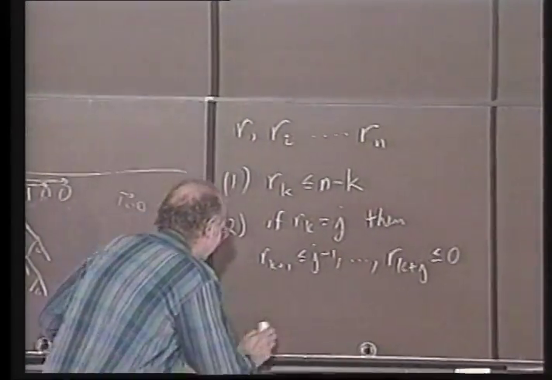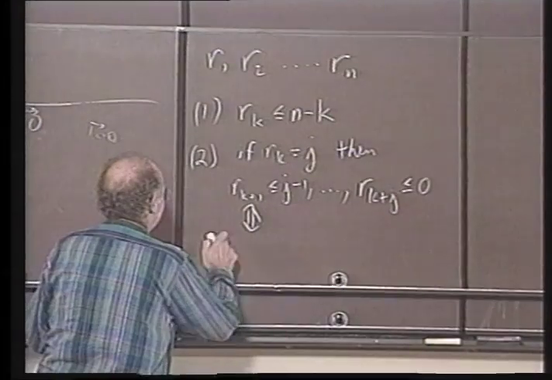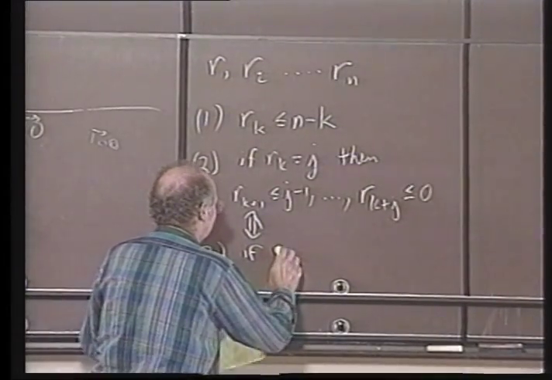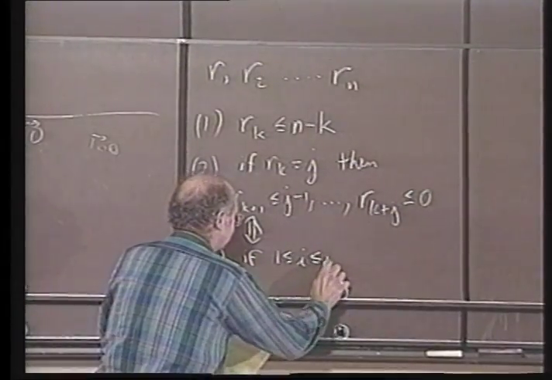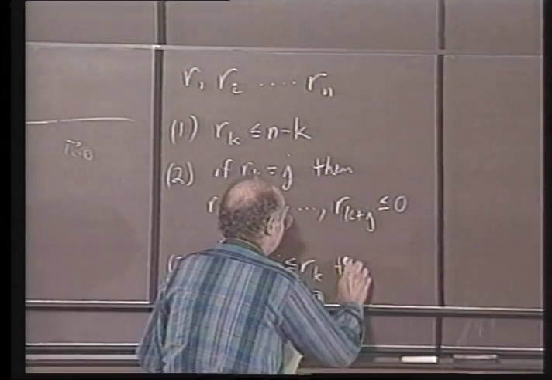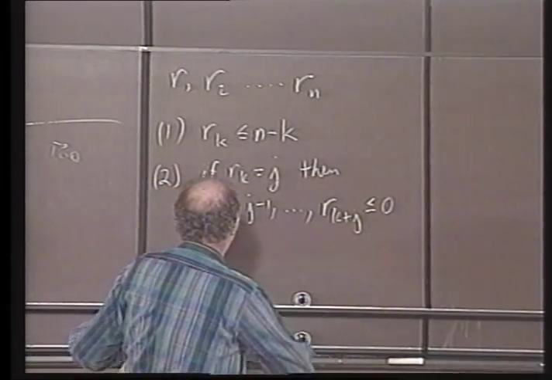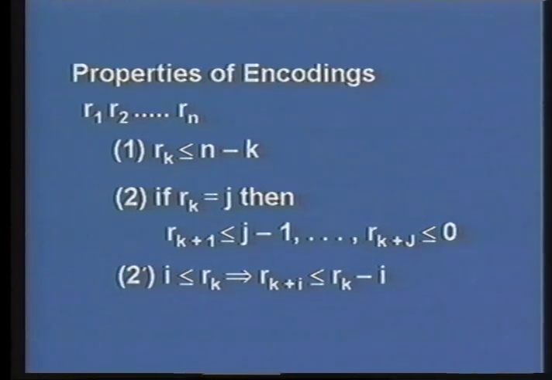Now you can also put this into another equivalent form. Condition 2 is also the same as saying if 1 is less than or equal to i, which is less than or equal to R sub k, then R sub k plus i is less than or equal to R sub k minus i.